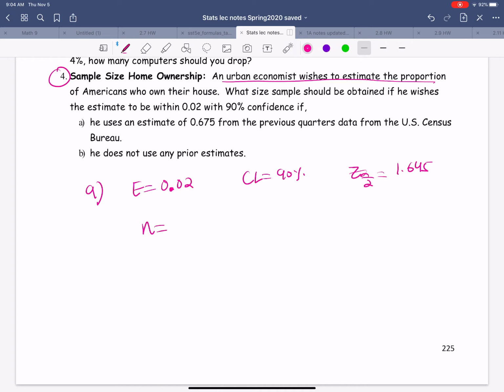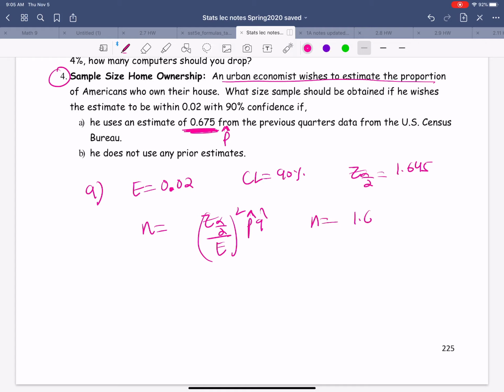So n turns out to be (z alpha over 2 over E) squared times p hat q hat. In part A, he does know, he uses an estimate from the previous quarter's data. So he has the previous sample data that p hat is 0.675.